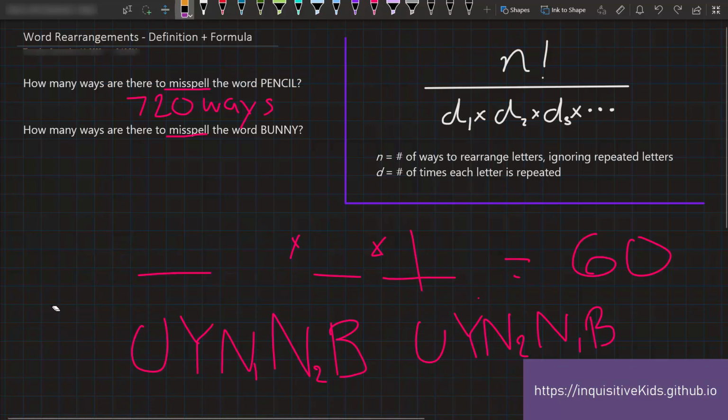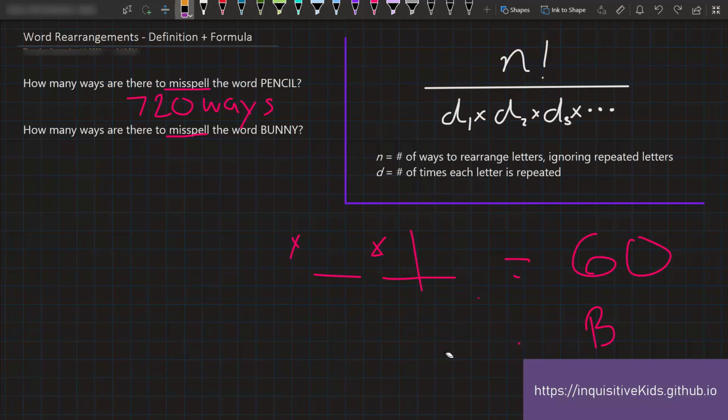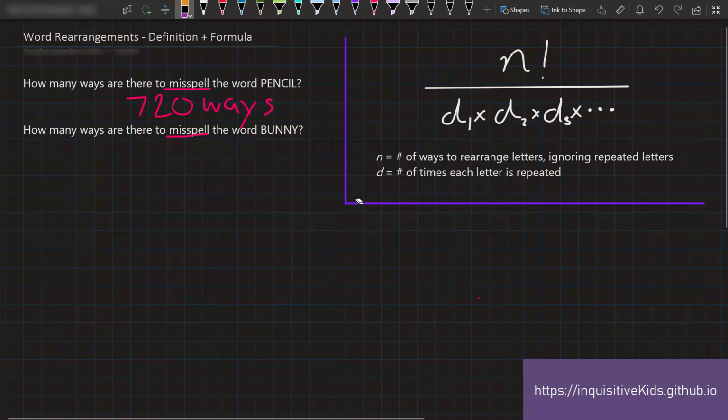This is where our formula comes in. Let's study our formula. We have n factorial over a series of d, so d1 times d2 times d3. What do these variables mean? Well, n is the number of letters, so n factorial is the number of ways to rearrange the letters, ignoring the repeated letters. That would be exactly what we just did, how we got the 60 ways. Since there are 5 letters, we have 5 factorial as our numerator. Now what about d? We see that there is 1 letter that has been repeated, N. And how many times has that letter been repeated? 2 times.